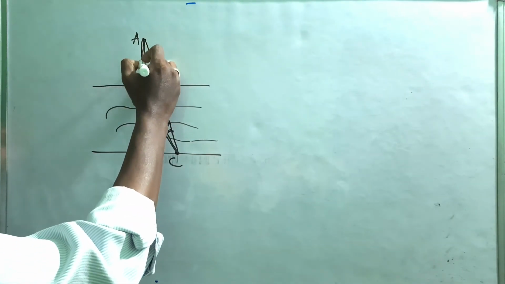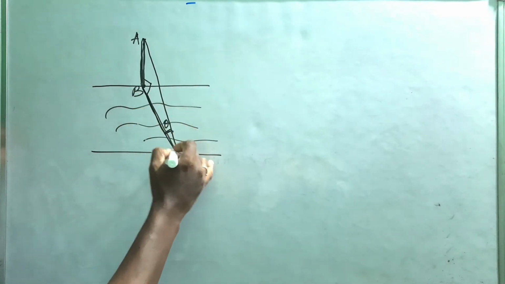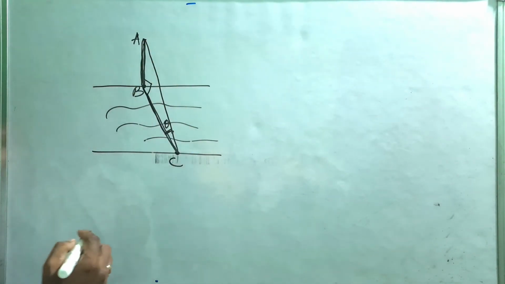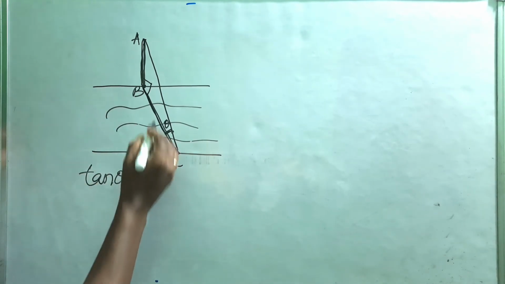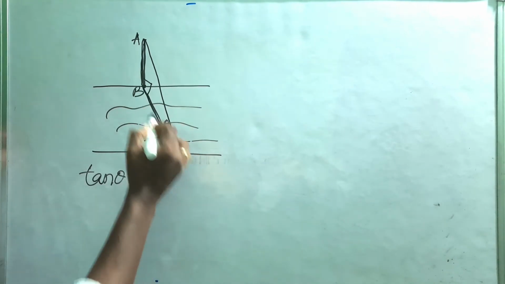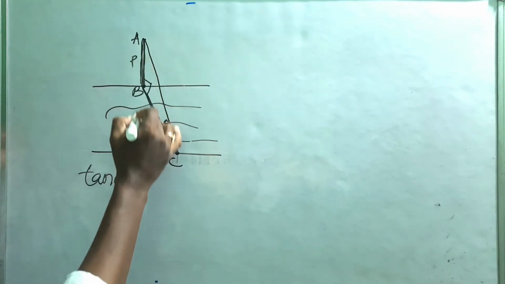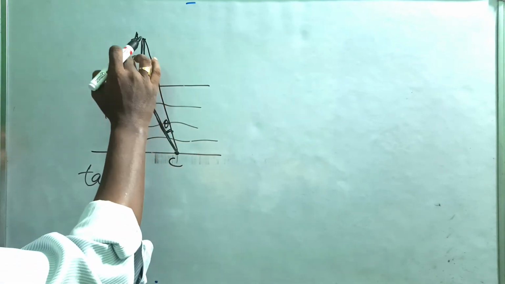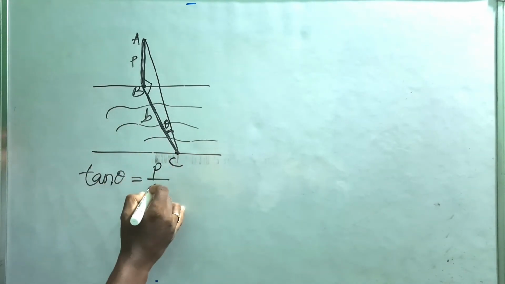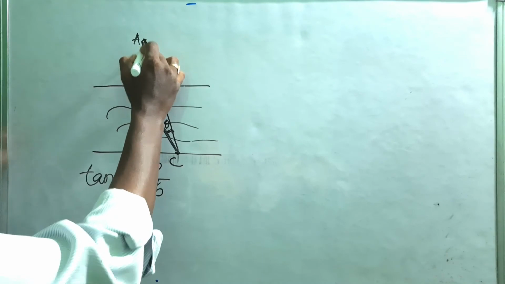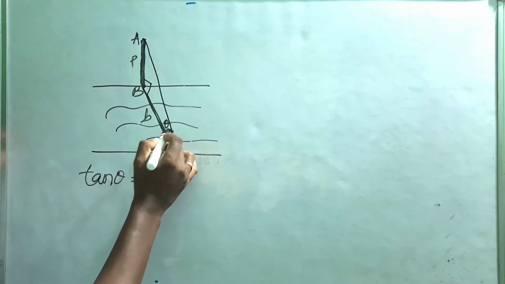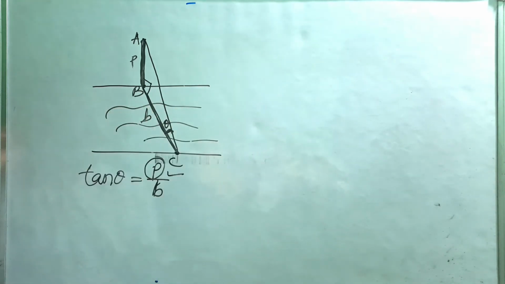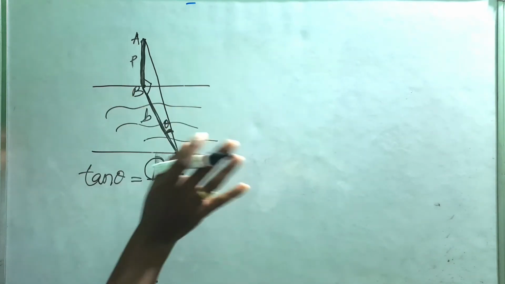Now you know the height of the pole. How to determine this one? ABC is a right angle triangle. You know tan theta is P by B. Here this is P and this is B. Now you know the height of the pole, so you know the value of P. You can measure theta by using any device or equipment, it is practically possible.